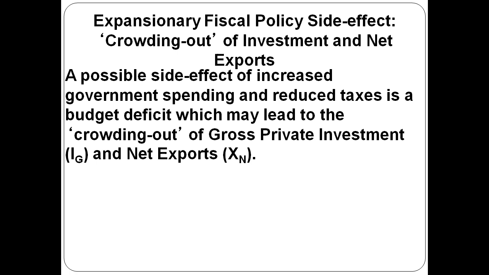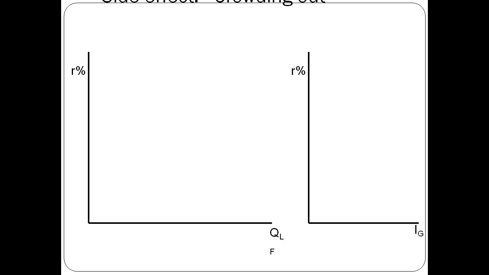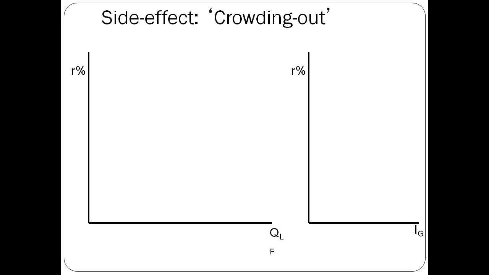So let's start off with the crowding out of gross private investment. We've actually already talked about this. But what we're going to do is put a loanable funds graph right next to our investment demand graph. With our loanable funds graph, we have real interest rate on our y-axis, quantity of loanable funds on our x-axis.